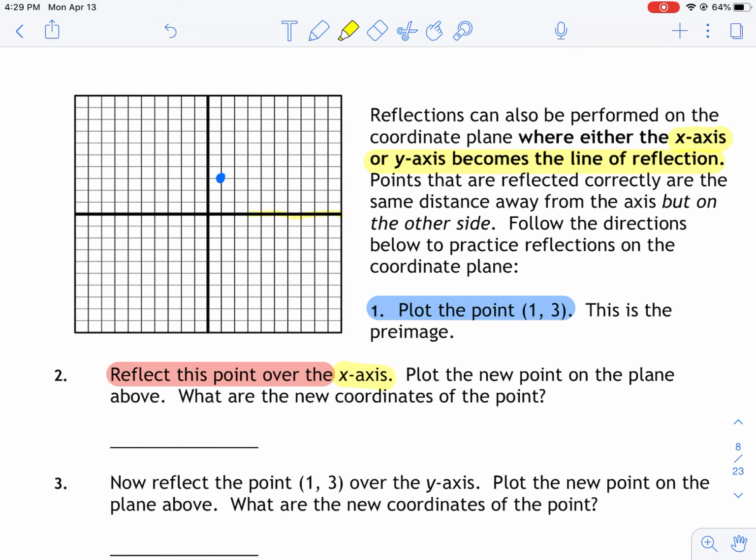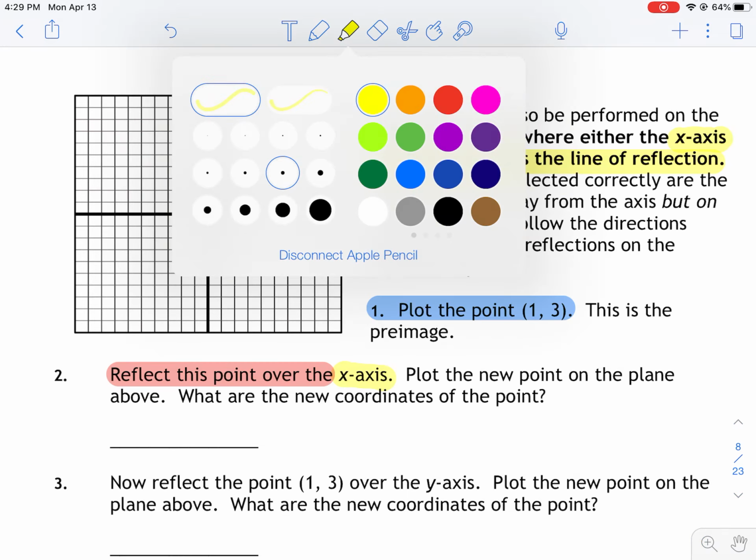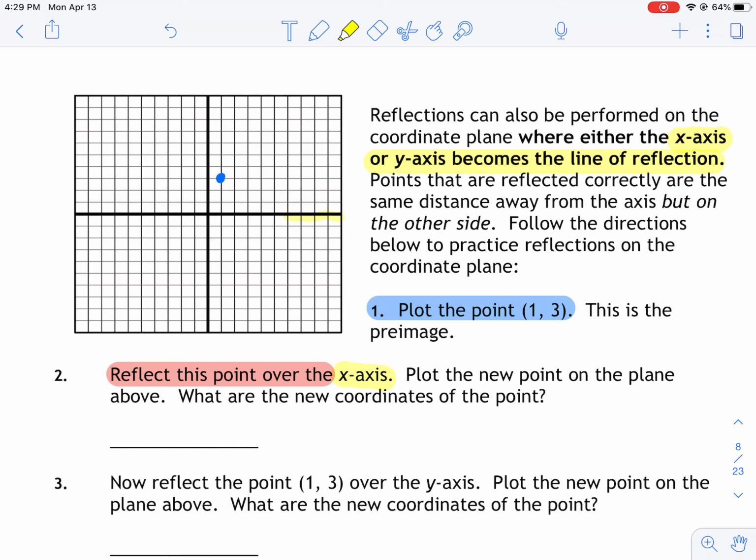I'm going to shrink that down just a little bit so it doesn't take up as much highlight. There we go. What I would always do on the coordinate plane is mark your reflection line, because so many times students miss reflections because they reflect over the wrong line.